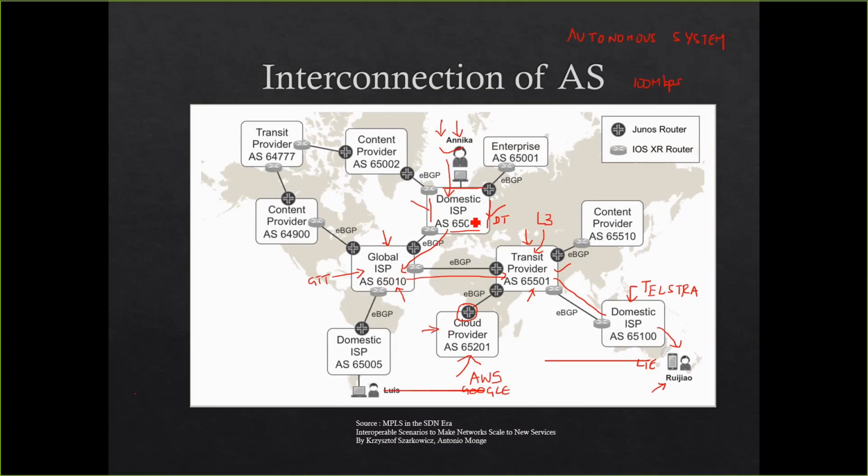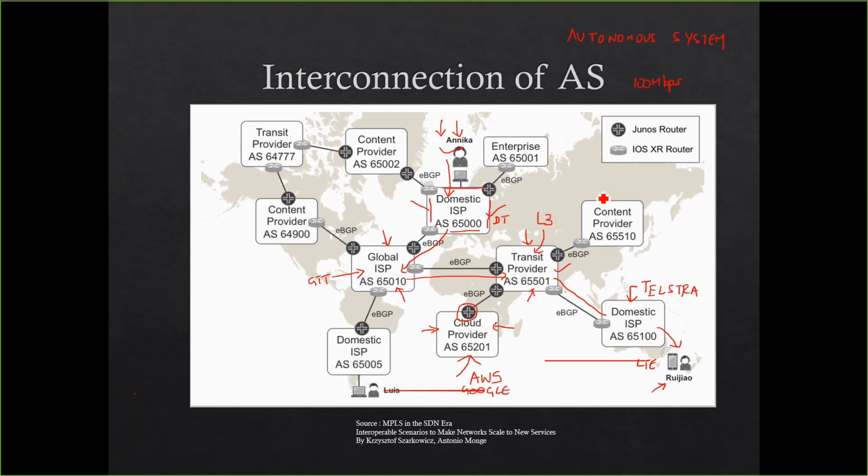And the domestic ISPs and these cloud providers are the guys who are having the content. For example, Netflix is also streaming stuff from the cloud. So all these content providers, Facebook, Instagram, and so on, all these services are there in some kind of a cloud, right? And how do you connect to the cloud? Through the transit or the global ISPs.